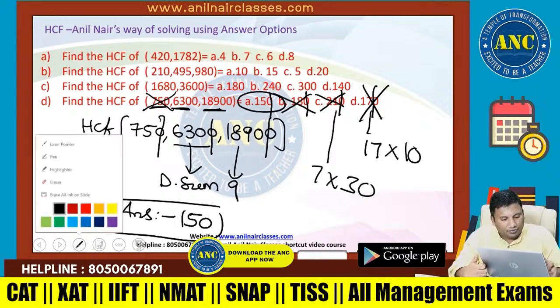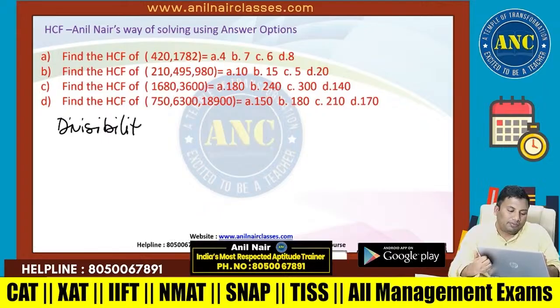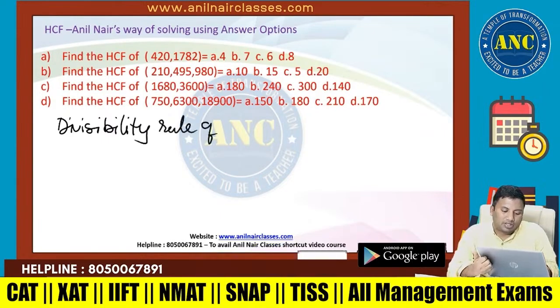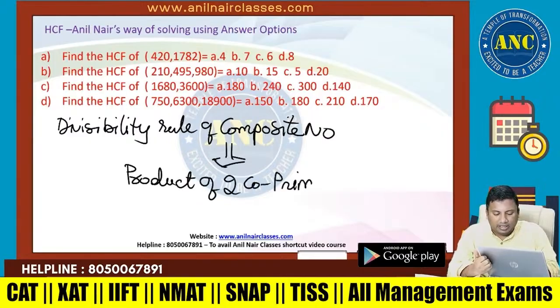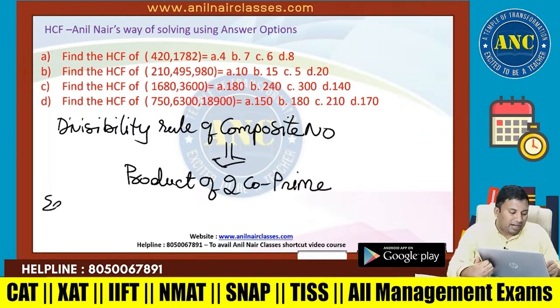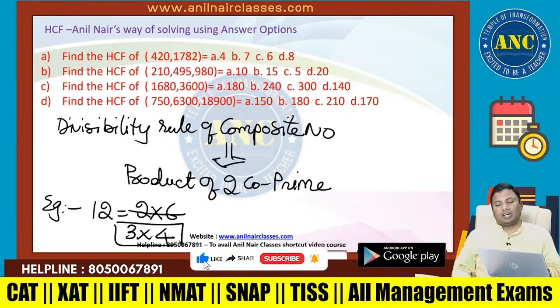The mistake is in the divisibility rule of a composite number: write the number as a product of two coprimes. For example, the divisibility rule of 12 is not 2 into 6 but 3 into 4, because 3 and 4 are co-prime to each other. This theorem we call the Chinese remainder theorem.